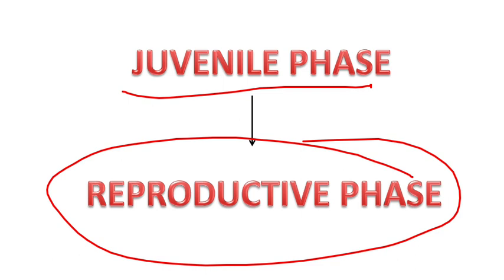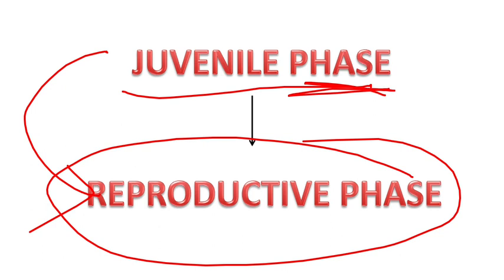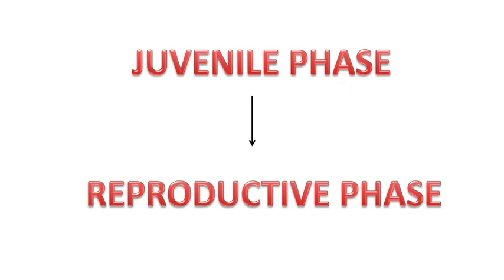After attaining that maturity, the organism enters into the reproductive phase where it can start making the gametes for reproduction. Okay, so after the end of the juvenile phase, your reproductive phase starts. You have to keep in mind that only after the juvenile phase will the reproductive phase come, right?